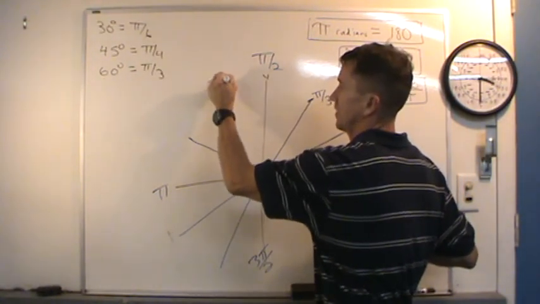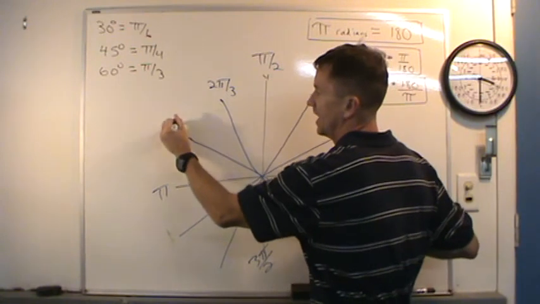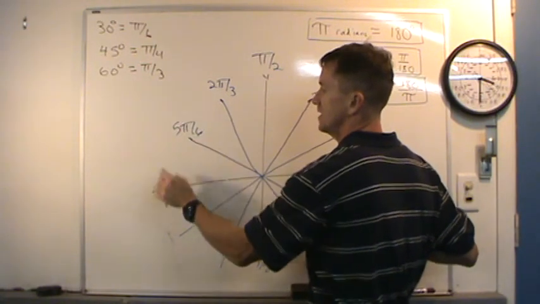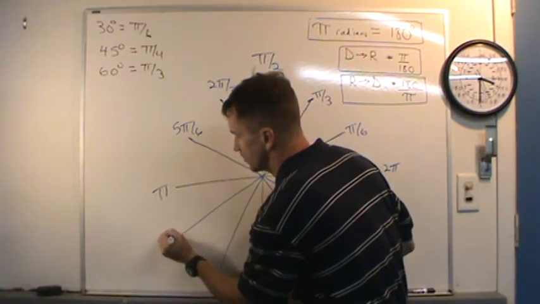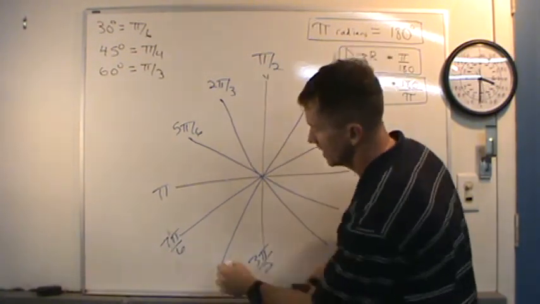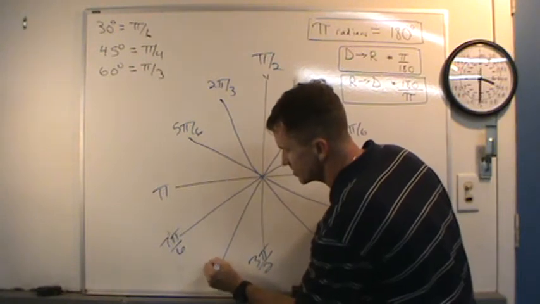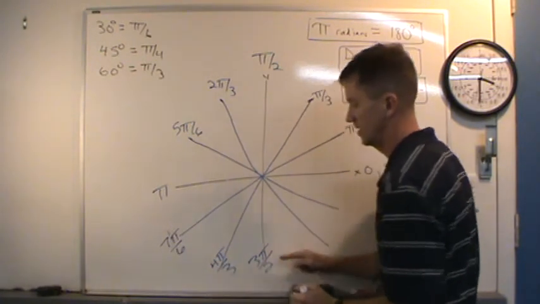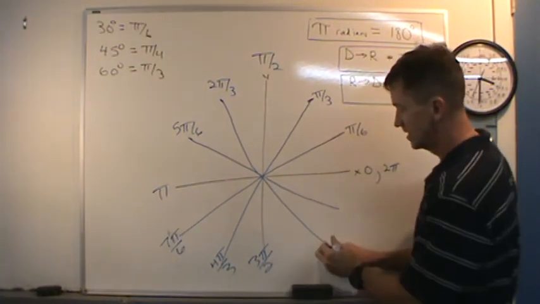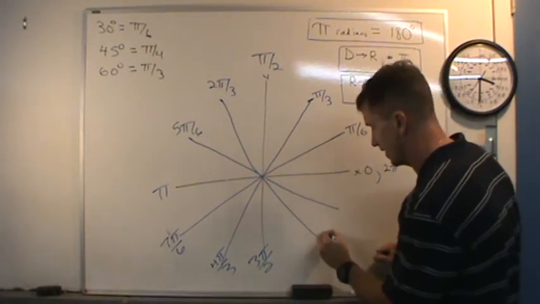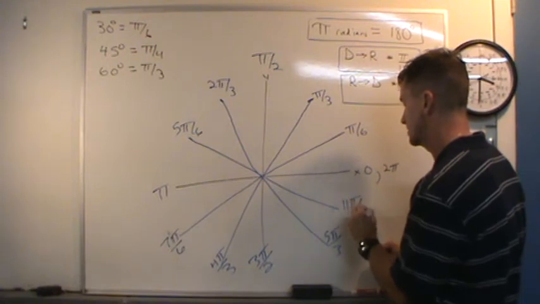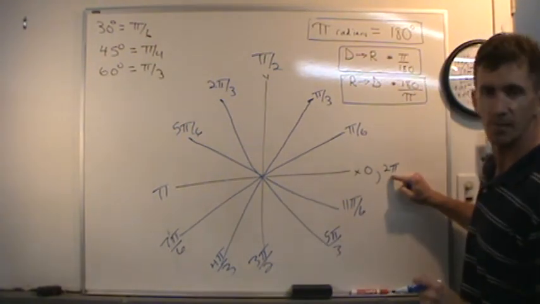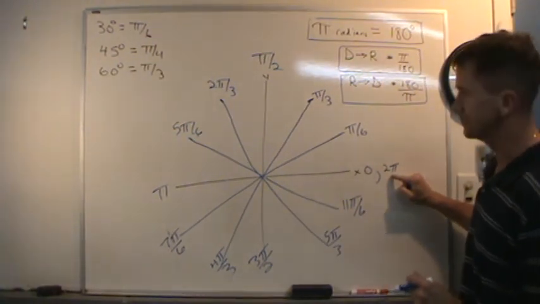That reduces to 2 pi over 3. 5 pi's over 6. 6 pi's over 6. That's pi. 7 pi's over 6. 8 pi's over 6. That reduces to 4 pi over 3. 9 pi over 6. 10 pi over 6. That reduces to 5 pi over 3. 11 pi over 6. And finally, 12 pi over 6, which would be the 2 pi.